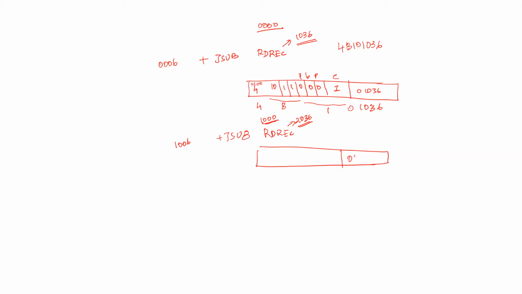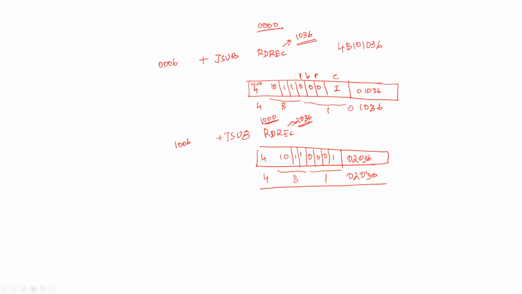So it will be 0, 2036. Then again you go for N, I, X, B, P and E equal to 1. X is 0, similarly neither indirect nor immediate. So 4 and 8 is specified as 1, 0. Now you can go here 1, 0, 1, 1, it is B, it is 1, 0, 2036.